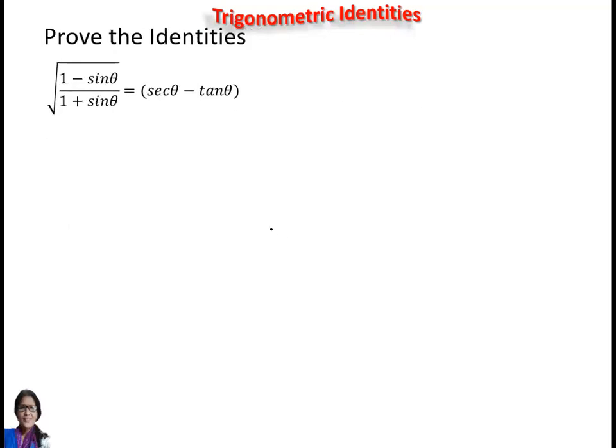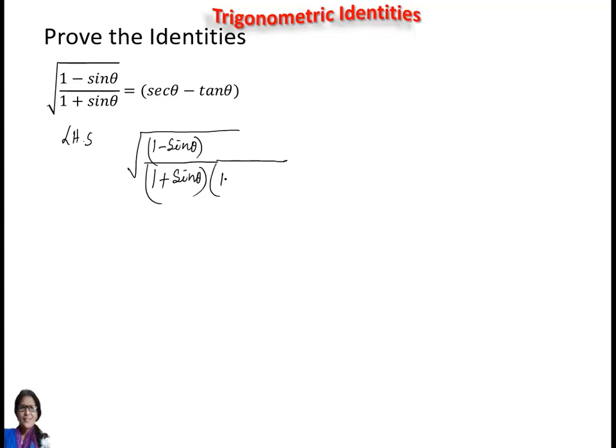I am coming to one more question of similar type. I hope you can proceed now without seeing the screen. What we'll do? LHS multiply with the opposite of the denominator. We say its conjugate, 1 plus sine theta. What I'll multiply?